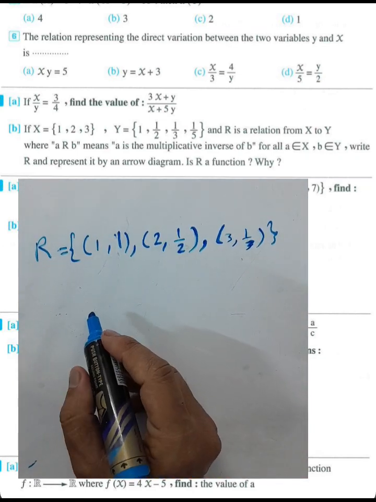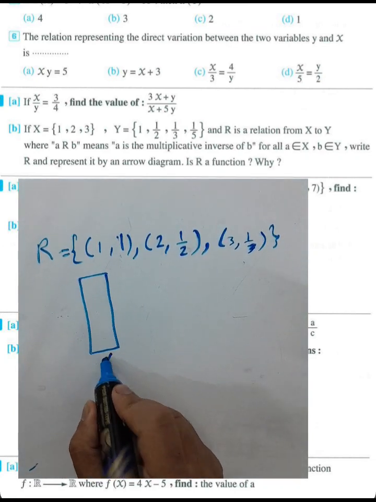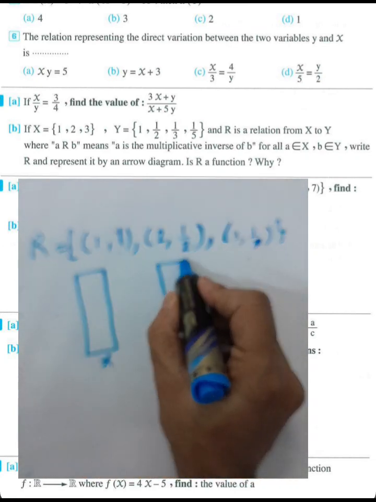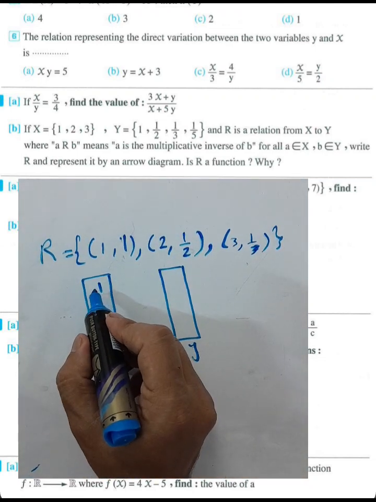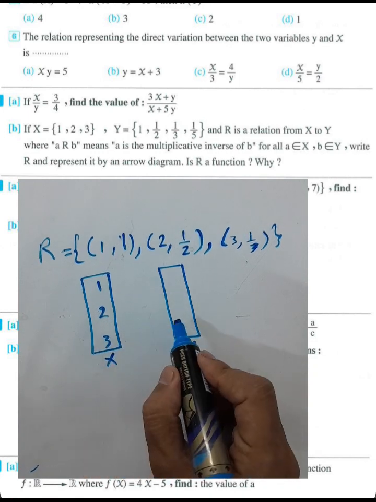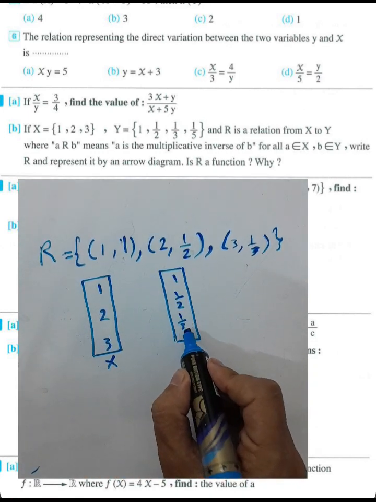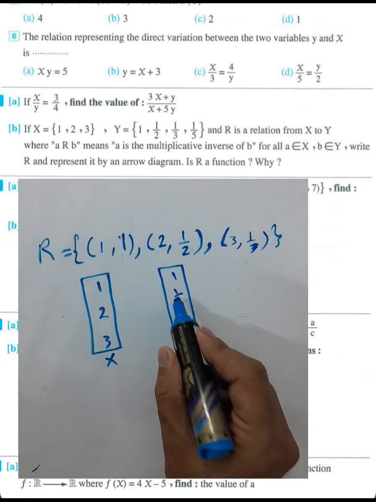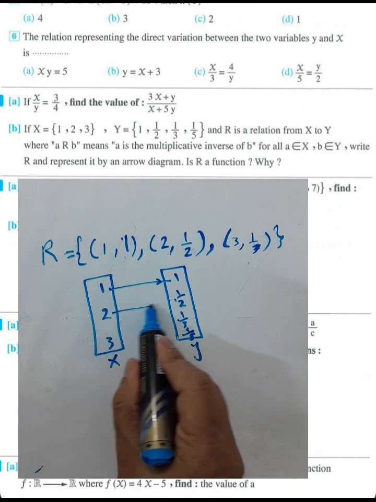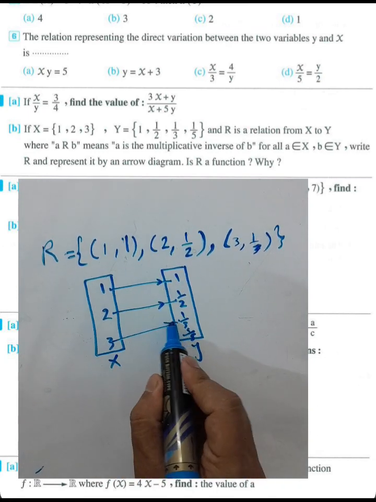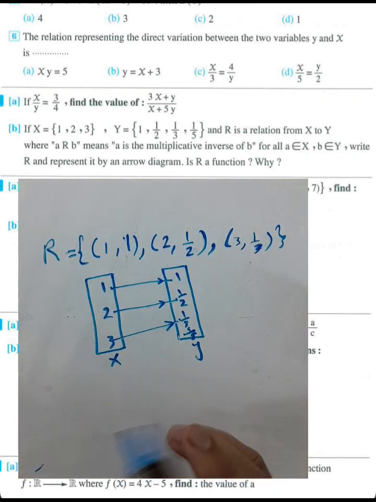And then we can draw our diagram between the two sets, x and y. x is 1, 2, 3, and y is 1, half, third, fifth. 1 with 1, 2 with half, 3 with third. We have a relation between x and y. We call this a function.